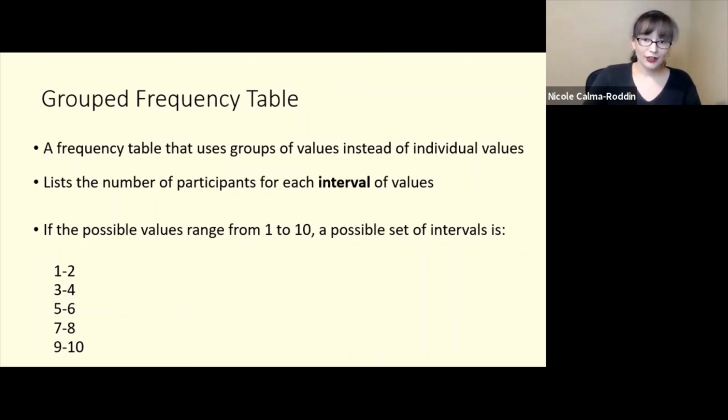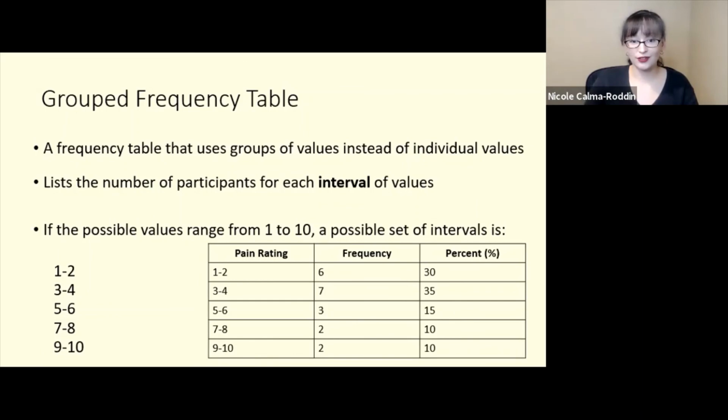The drawback, on the other hand, is that in a grouped frequency table, we lose some information. For instance, once we've made our grouped frequency table, if I have this one right here, we don't know how many scores were a 1 or a 2. We can see that the frequency for a pain rating of 1 or 2 is 6, but we can only see the number of people who chose 1 or 2, either or. We don't know how many chose 1 and how many chose 2 specifically.